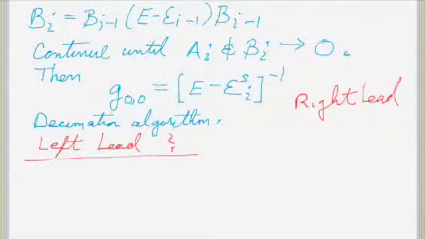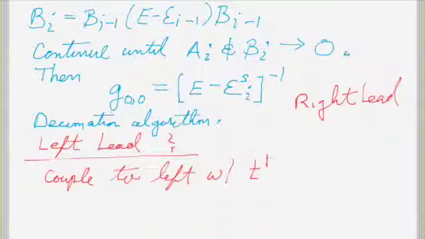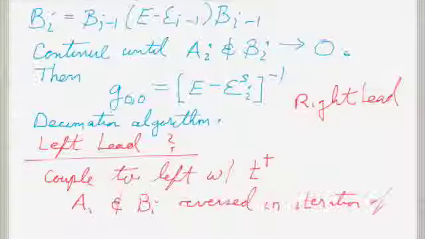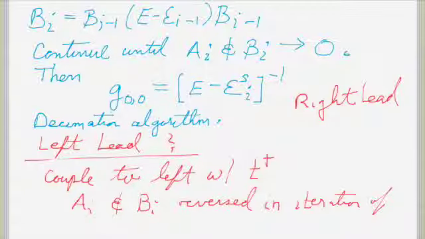The way we wrote the Hamiltonian, you couple to the left with T dagger, and you couple to the right with T. And thus, in the left lead, AI and BI have their roles reversed in the iteration algorithm for the surface site energy, epsilon I. That's the only difference.